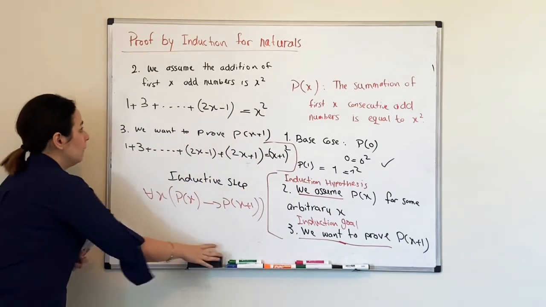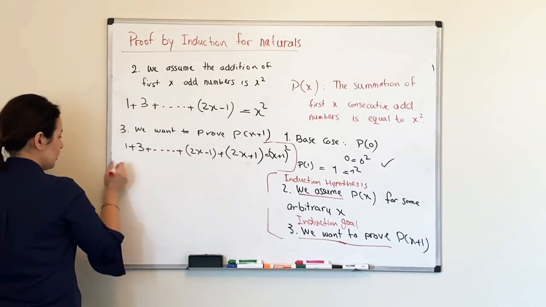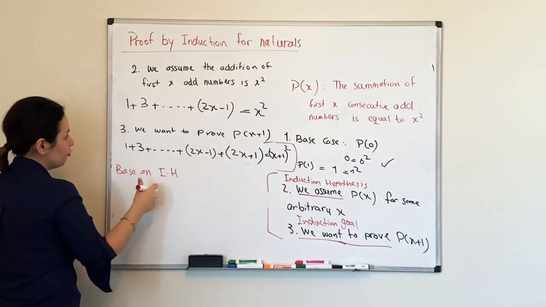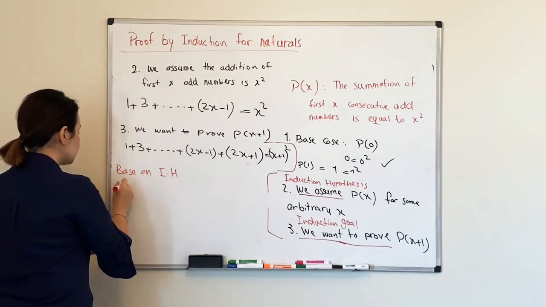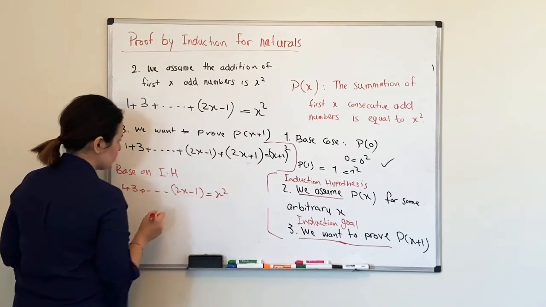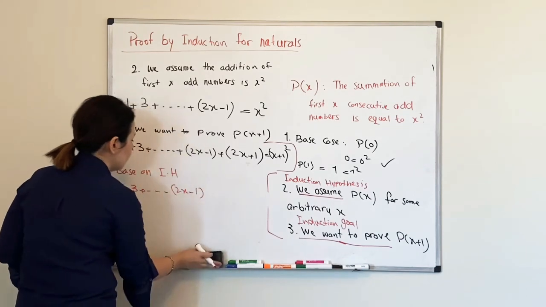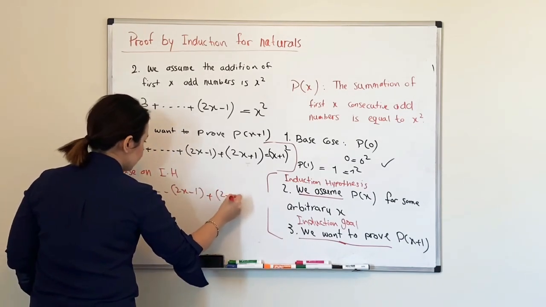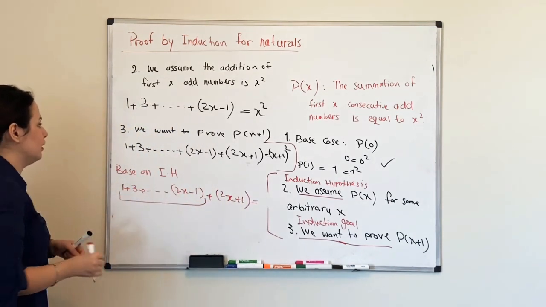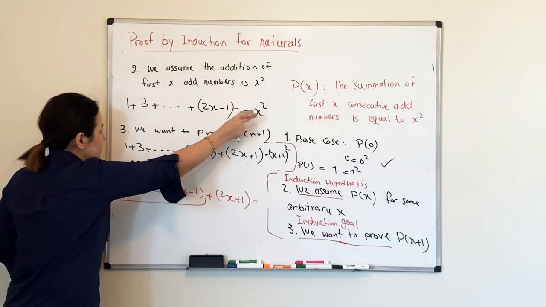Okay, based on my hypothesis, which I write as IH, standing for induction hypothesis, I can say 1 plus 3 plus up to 2x minus 1 is equal to x squared. So actually I can say plus 2x plus 1. For this part I have a value, you see that here and here, and this part is something that we accept is true.